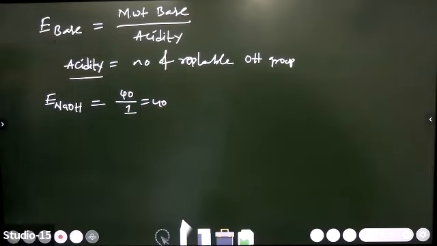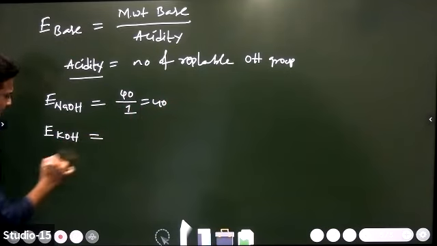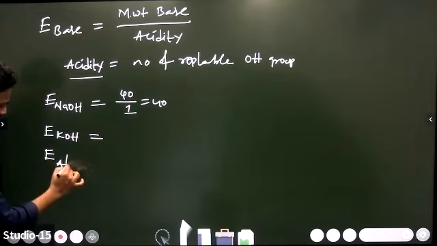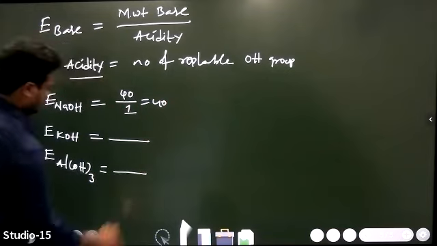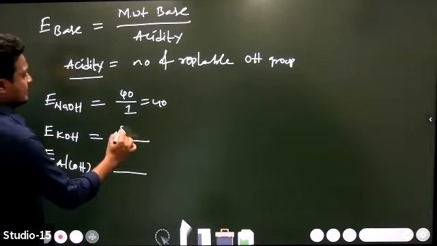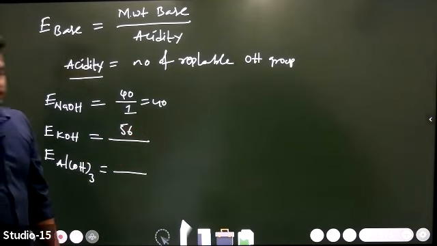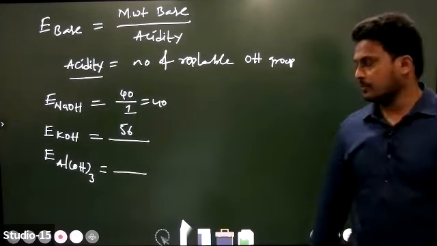Next one, equivalent weight of potassium hydroxide. Now tell me equivalent weight of aluminum hydroxide. Potassium hydroxide 56. Aluminum hydroxide 78. Molecular weight 56 by 1 for KOH.